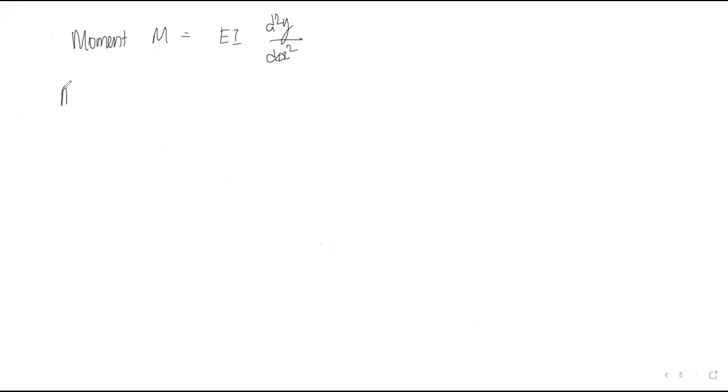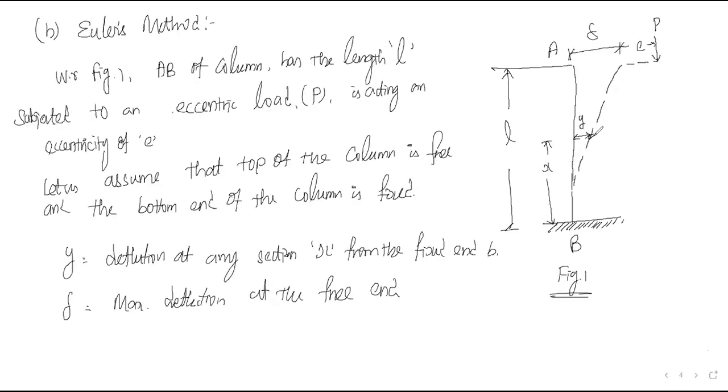Now the moment due to load. Because of convexity, the moment is going to have a positive sign. Here I am going to take the moment at this section. The load P is acting here, so P into E plus delta minus Y, so that I can reach this place.